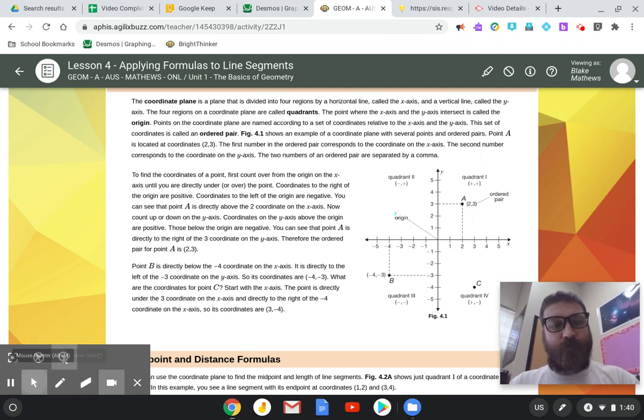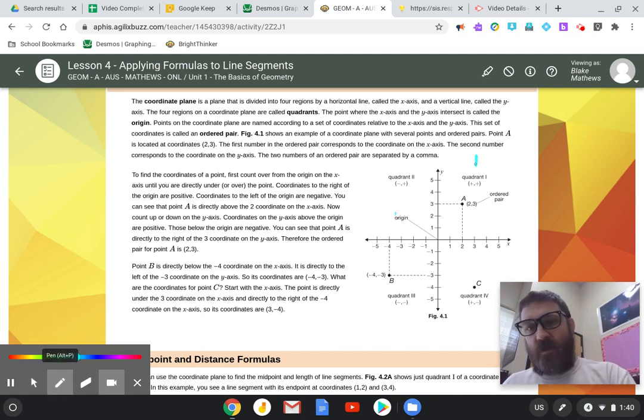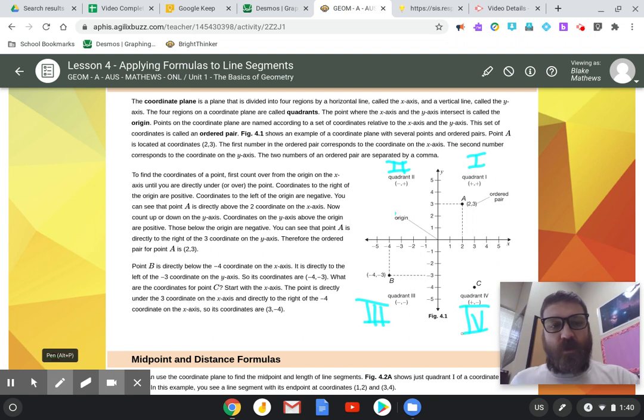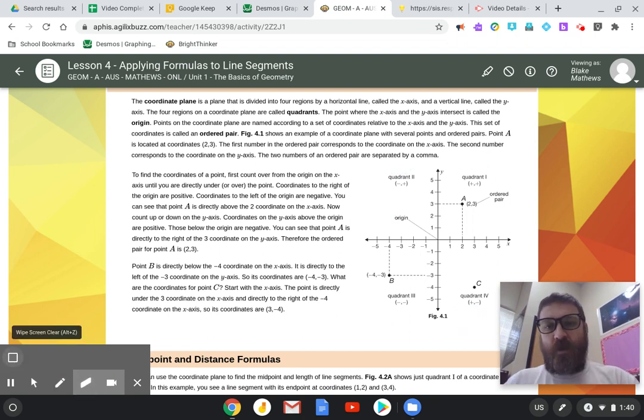That's called the origin. And then we can divide the coordinate plane up into 4 quadrants. Starting here, they go counterclockwise: quadrant 1, quadrant 2, quadrant 3, and quadrant 4. I often see it written in Roman numerals like you see there.